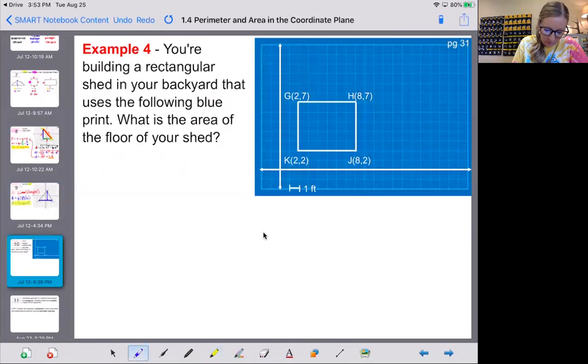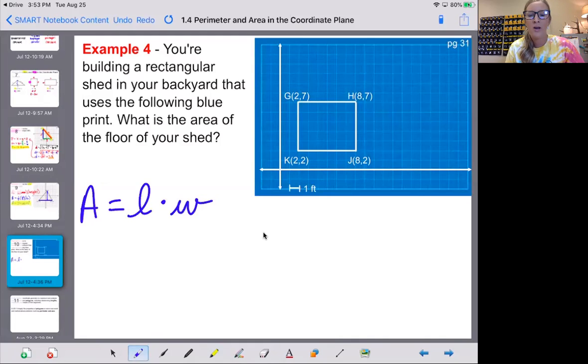So first of all, we need the formula. The area formula for a rectangle is just simply length times width. Okay, so let's look at this picture over here. The length across the bottom. Now, they do give us a little key right there, right? It says that 1 unit is 1 foot.